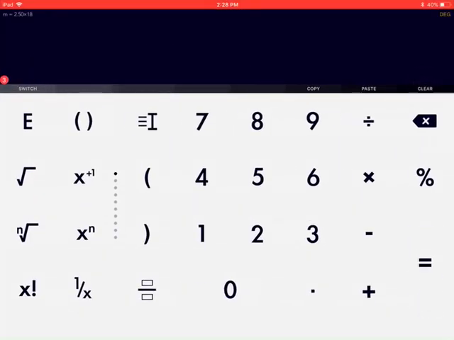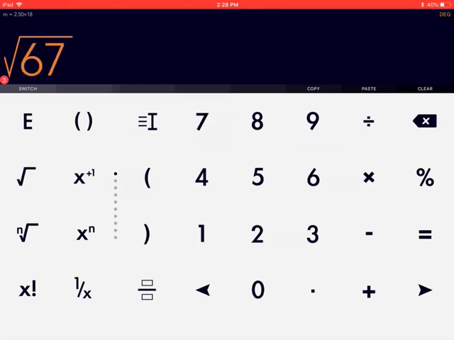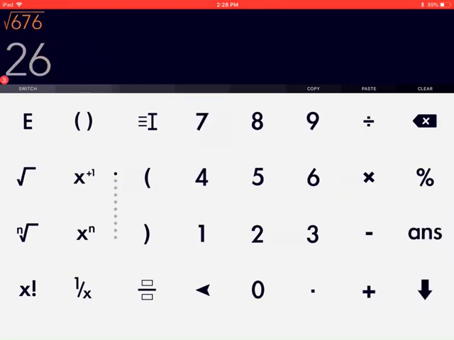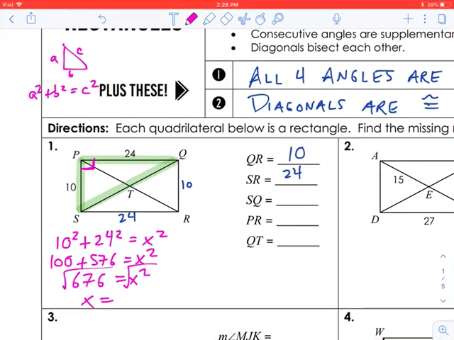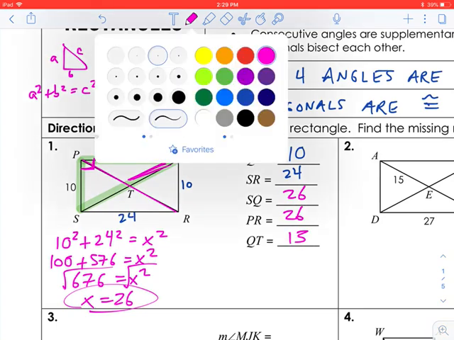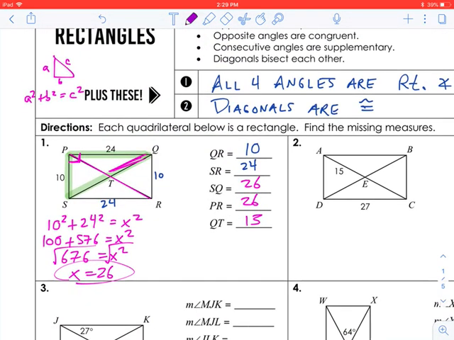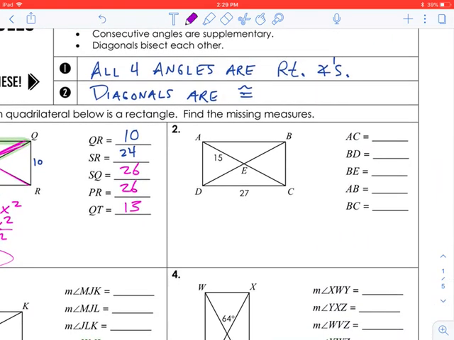Square root of 676 equals 26. So SQ is 26. Since the diagonals are equal, PR is also 26. And QT is half of the diagonal, which is 13. So you might have to use the Pythagorean theorem. That's just a fact here.